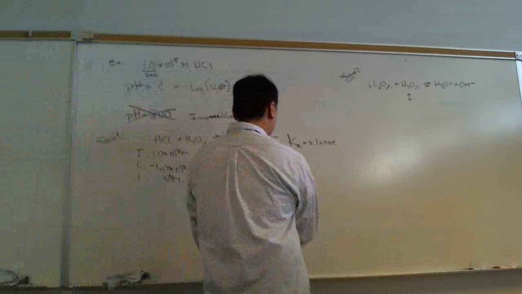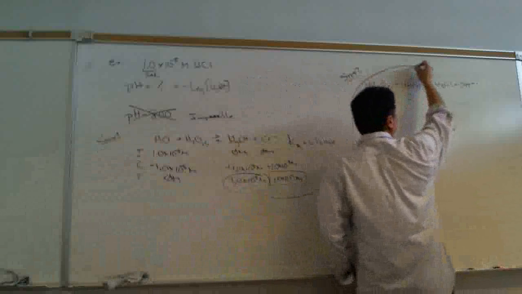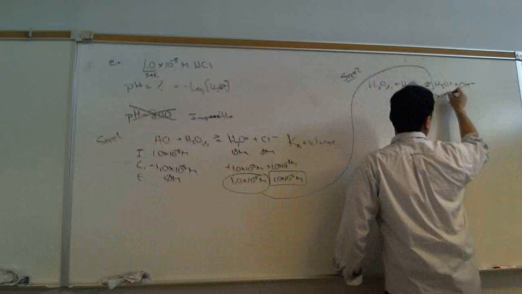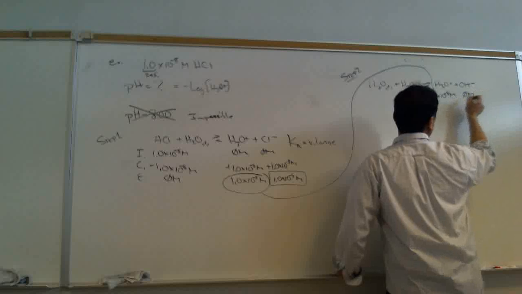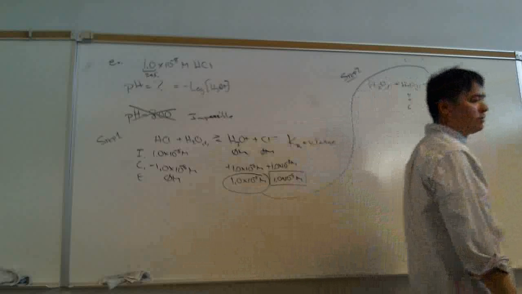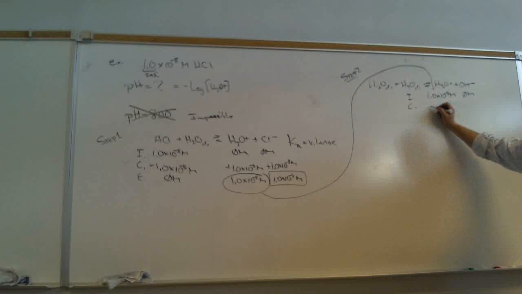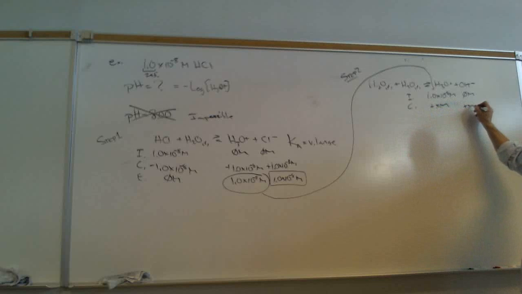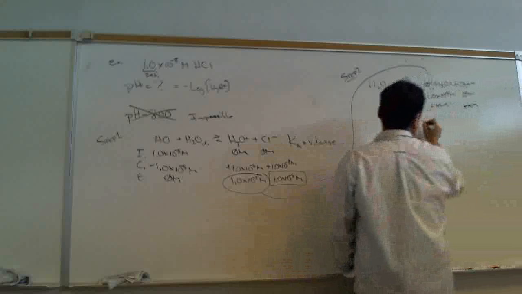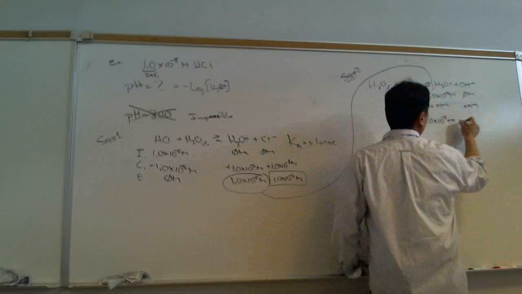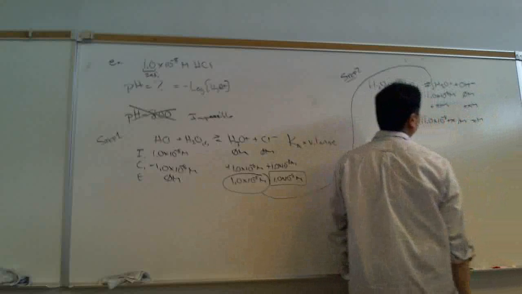Chloride's at the end of the line, so nothing's going to change for chloride, but hydronium could change. So we have 1.0 times 10 to the minus 8 molar, and 0 molar. There's no water collided yet to produce hydronium and hydroxide. And so the change is going to be plus X molar, plus X molar. And at equilibrium, we expect 1.0 times 10 to the minus 8 plus X molar and X molar here.